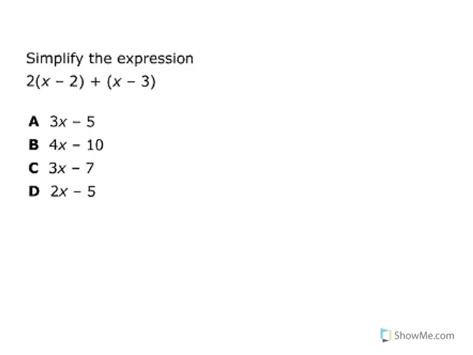Okay, so the next question is more of distribution. It's distributive property and combining like terms. This time we're putting it together. So I'm going to do that. 2 times x is 2x. 2 times negative 2 is negative 4. Plus, now this is an invisible 1.